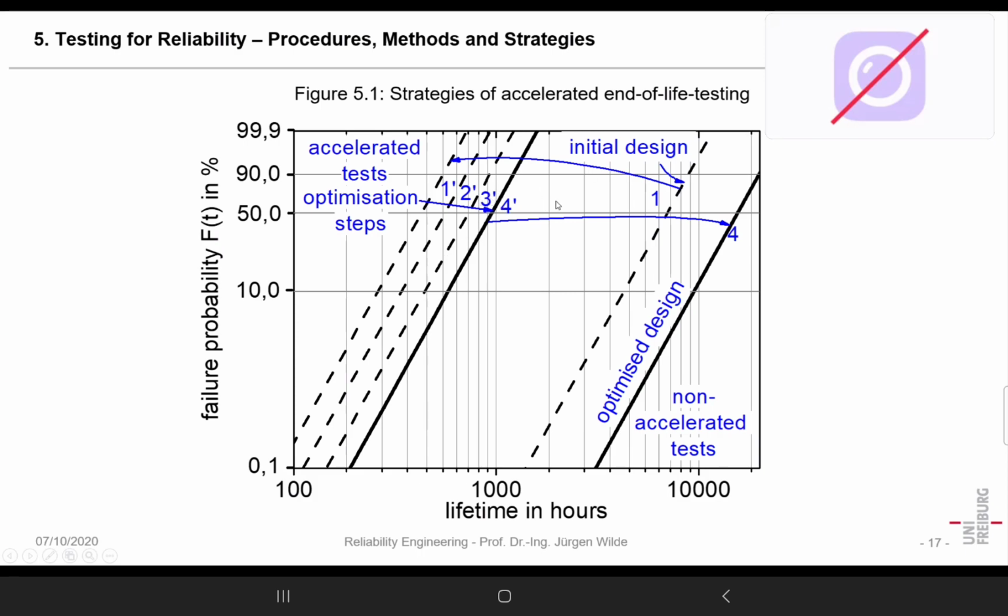But in the end, of course, you will again try out if that optimization is really valid in the non-accelerated tests. The optimum would be you start here, you do the optimization with accelerated tests, but in the end, you verify that your optimization is still valid in non-accelerated tests. In that way, you have saved, in that case, at least 2 tests which take a very long time.